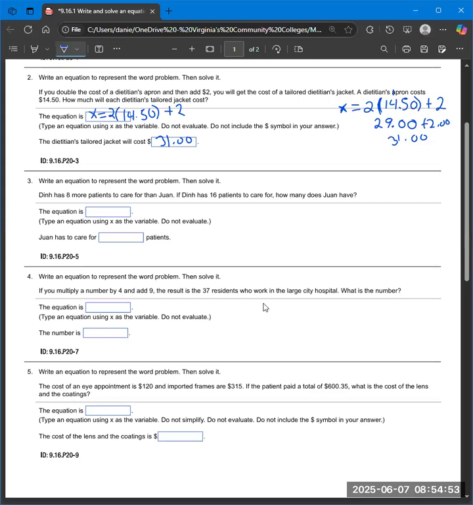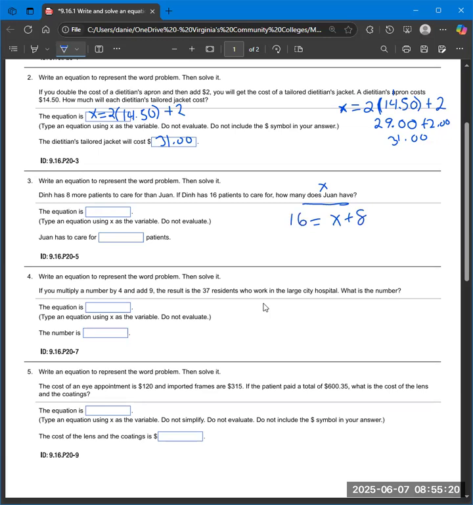Din has 8 more patients to care for than Juan. If Din has 16 patients to care for, how many does Juan have? So Juan's number of patients is our X. Din has 8 more patients than Juan, so Juan's plus 8, and Din has 16.